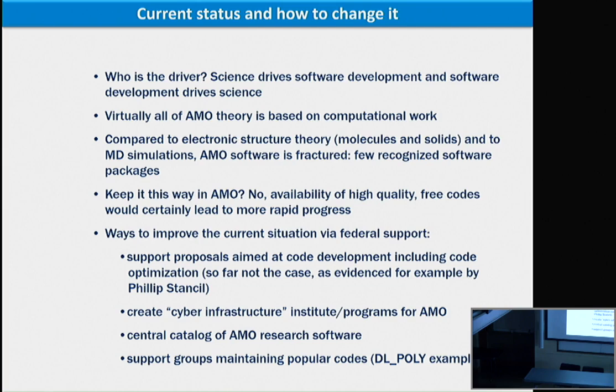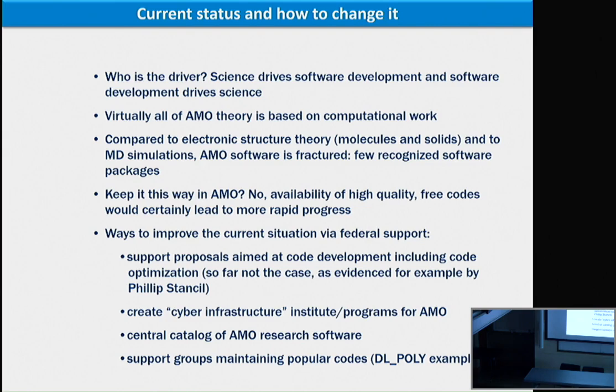There are few recognized software packages, like those that Jonathan just presented, but most packages are known only to the authors and a couple of people who are very close to this particular field. So should we keep it this way in AMO? I think everybody agreed that it's not the way to go, that we would like to have high quality, free codes available, and it will lead to faster progress in our field.